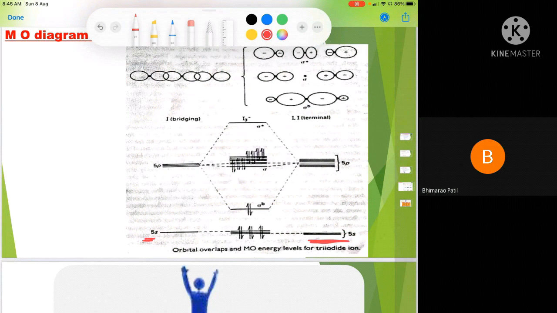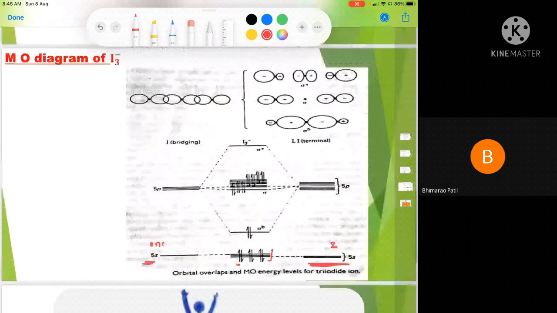Therefore, the 5s atomic orbitals that combine are 2, that is, two 5s atomic orbitals from the terminal iodines. And from the bridging iodine, there is one bridging iodine, therefore one 5s atomic orbital. These will combine to form 3 molecular orbitals.